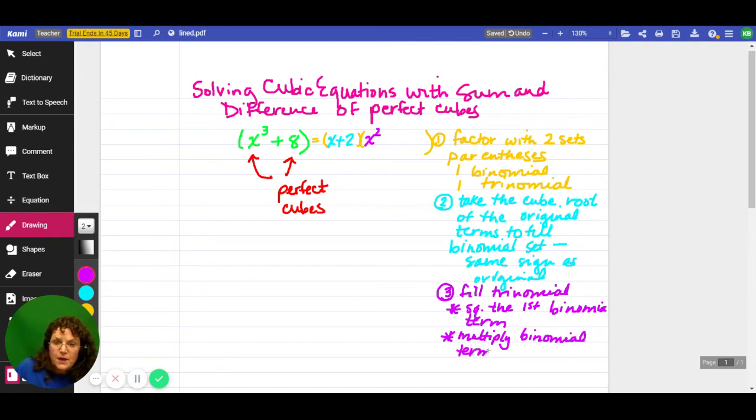You're going to multiply the binomial terms. Ignore the sign. X times 2 is 2x. Ignore the sign. So we'll come back and fill that sign in here in just a minute.